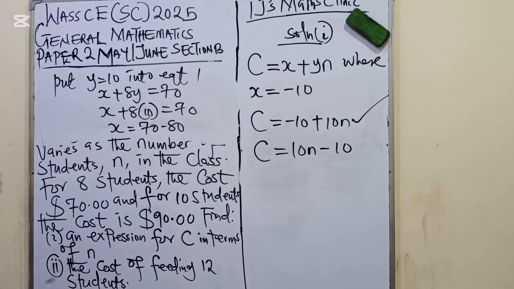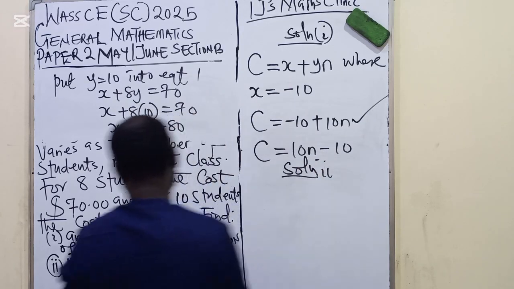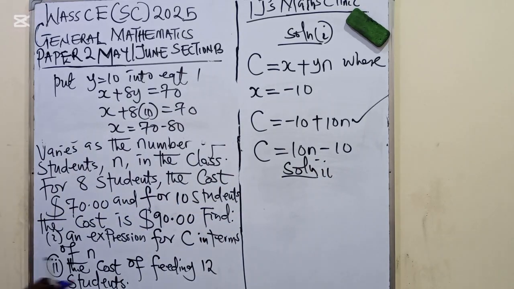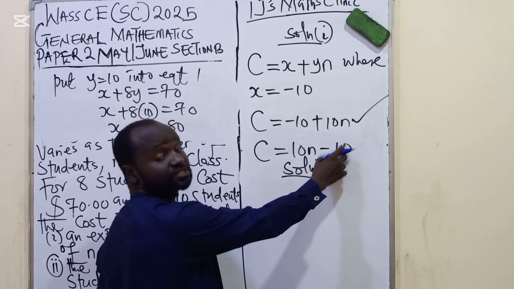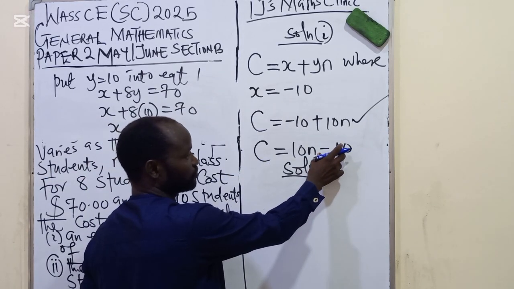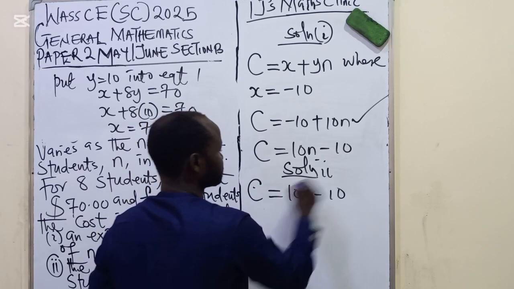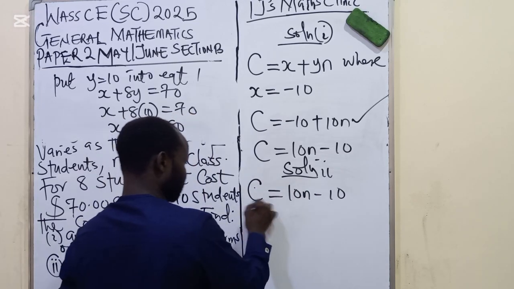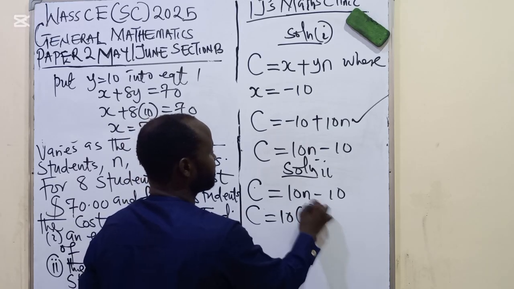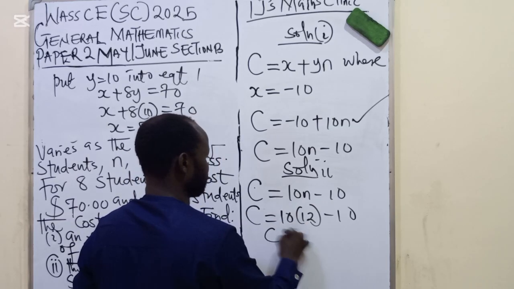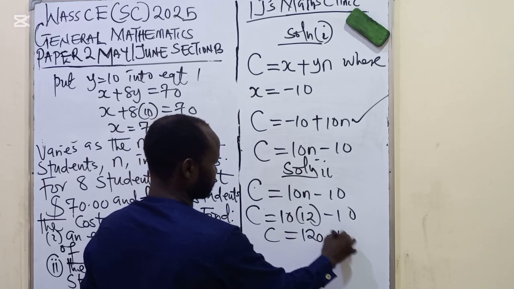Then Roman numeral 2: the cost of feeding 12 students. When n is 12, what will be the cost? We substitute n as 12 into this expression. We have C equals 10n minus 10. So the cost of feeding 12 students, given that n is 12, will be 10 times 12 minus 10. 12 times 10 is 120, minus 10.